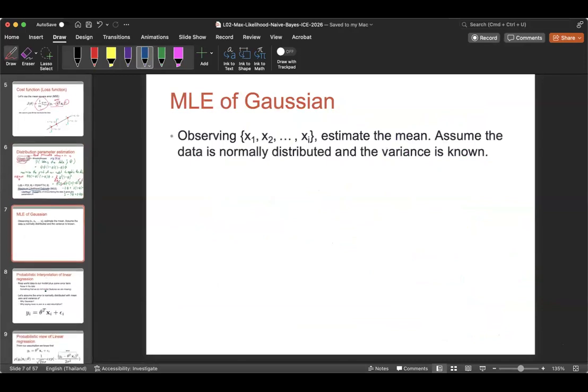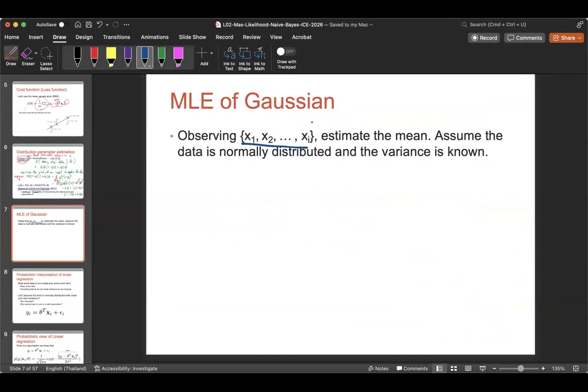Gaussians, right? Simple. Let's say you have a data set that has I numbers, and we want to estimate.